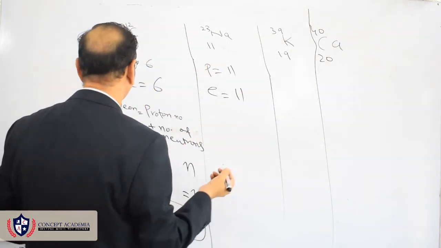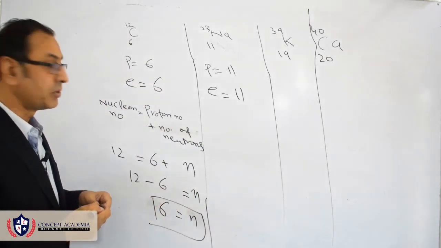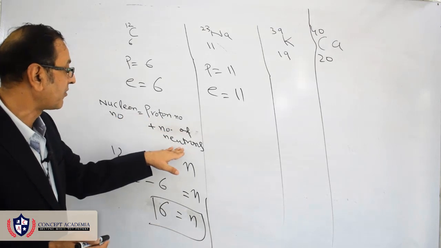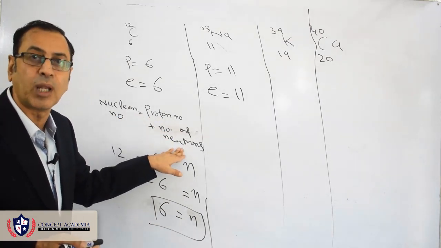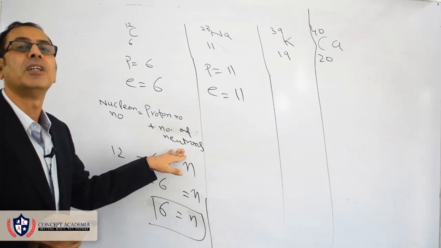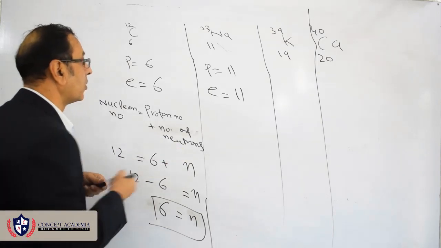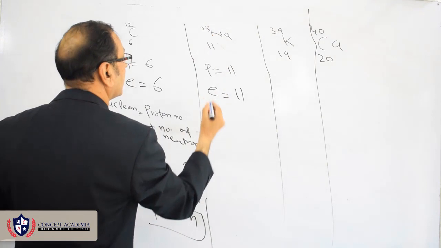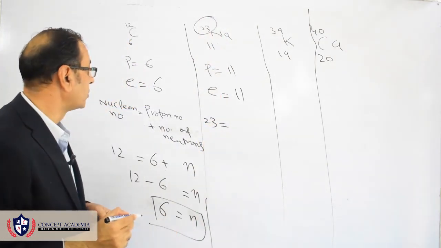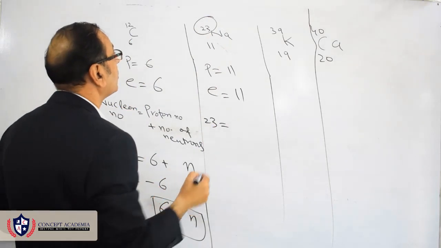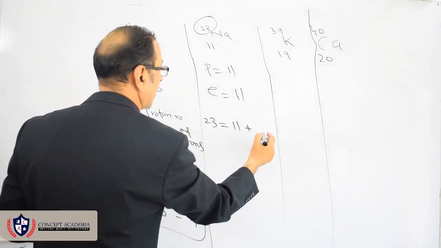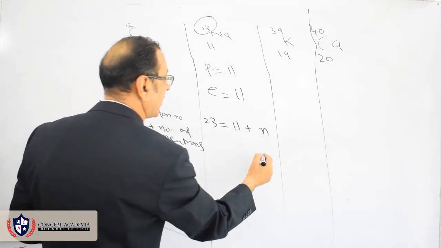Also, the same formula which we are going to use: nucleon number equals proton number plus number of neutrons. This is the formula we use for finding the number of neutrons. So the nucleon number is 23, equal to the proton number, which is 11, plus the number of neutrons, which we are going to find out.